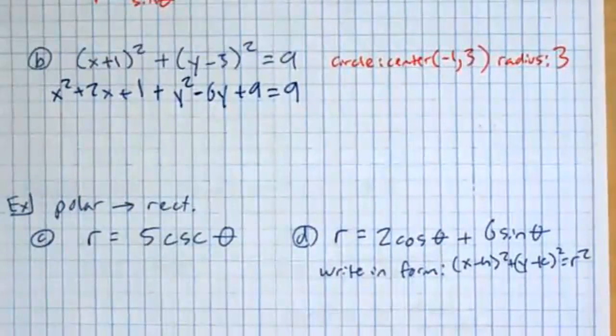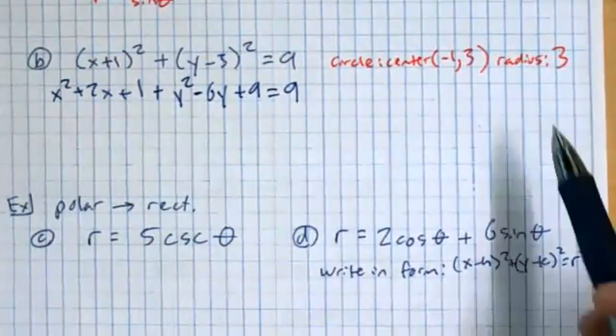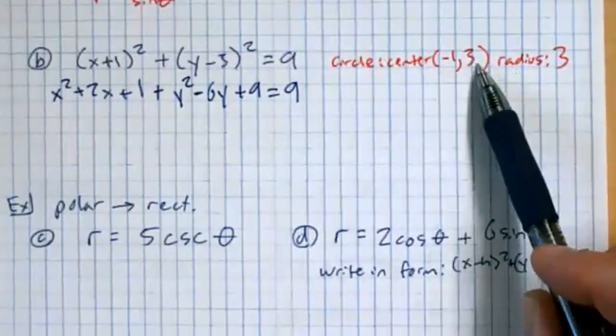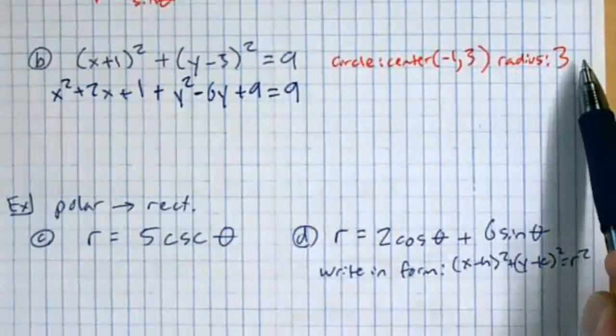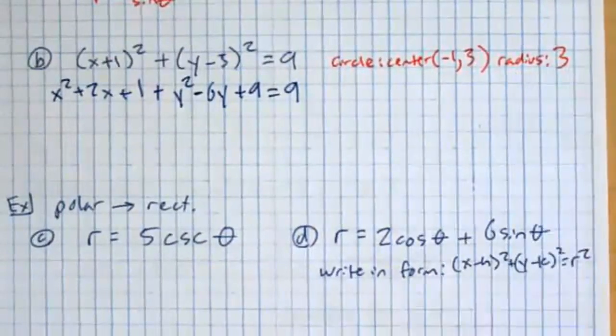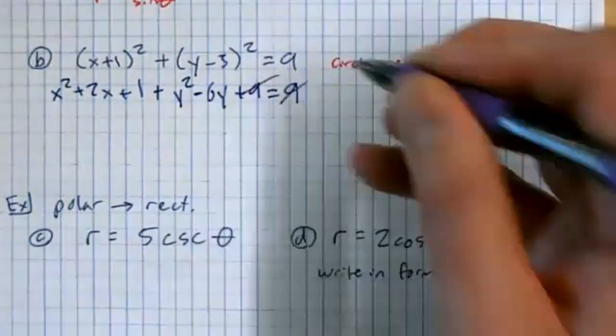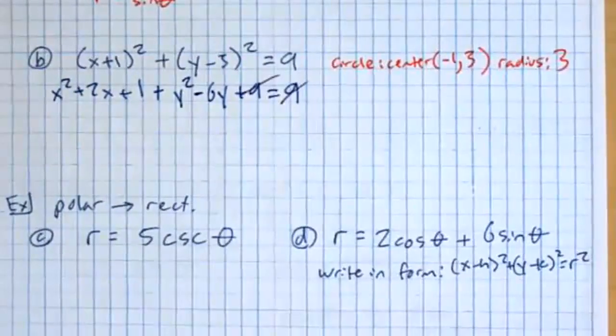Well, if you think about it, if its center is at -1, 3 and its radius is 3, then it is going to go through the origin, isn't it? So can we agree that these guys are gone? It's a 0 now. That's cool.